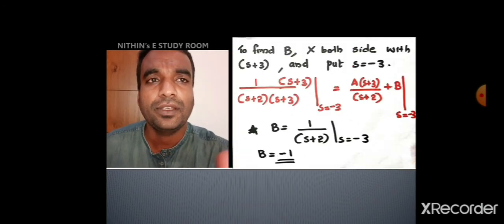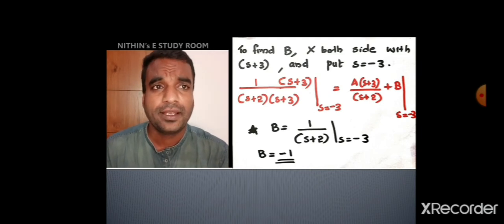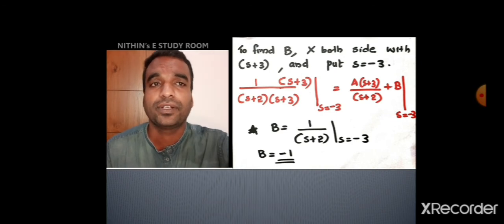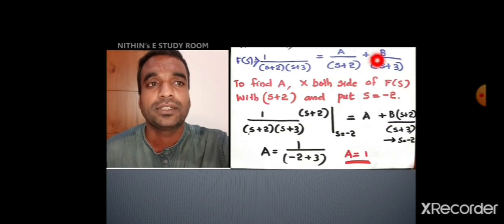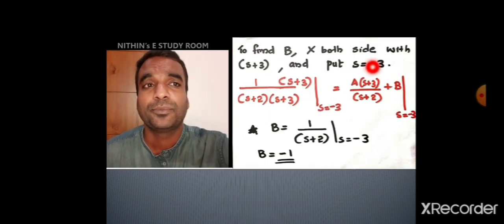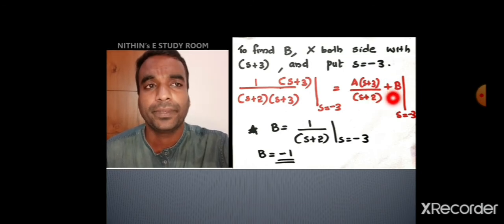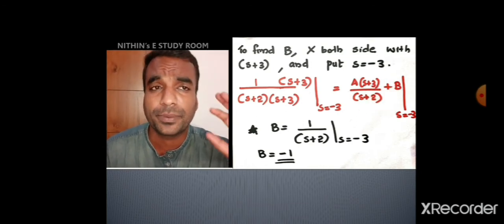So if you want to find b, theoretically speaking, multiply both sides with s plus 3. We are multiplying with s plus 3 because the denominator of b is s plus 3, and put s is equal to minus 3. We know that on the right side it is a into s plus 3 by s plus 2 plus b, because b's denominator and s plus 3 will get cancelled.